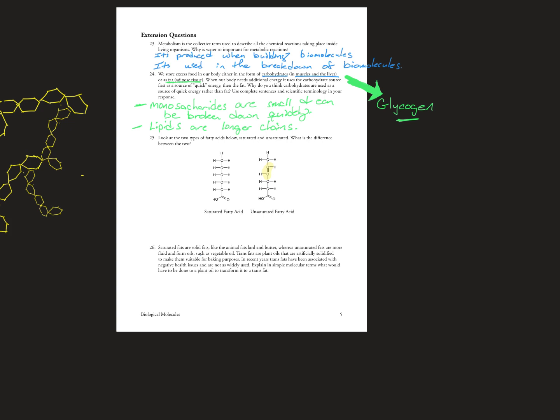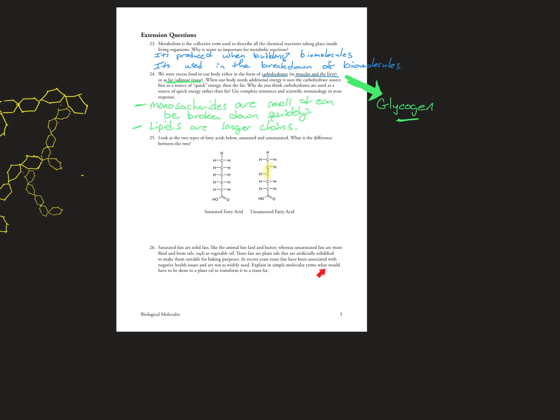So we can change these artificially, and we can make them solid at room temperature, even though they're plant oils. In recent years, trans fats have been associated with negative health issues and are not widely used.